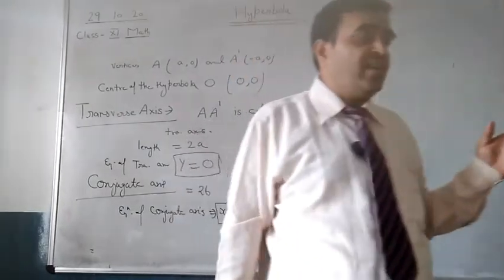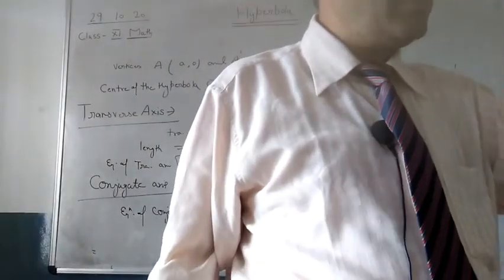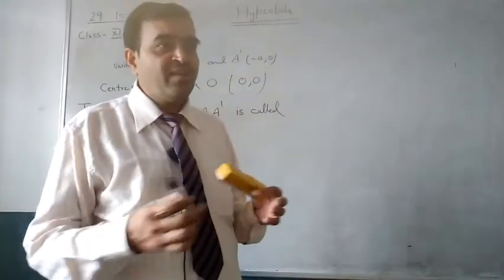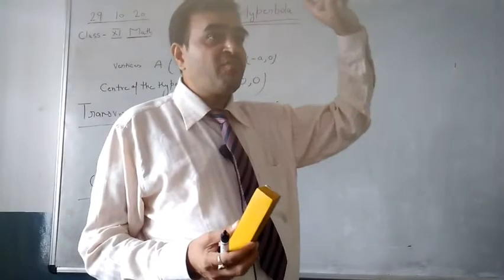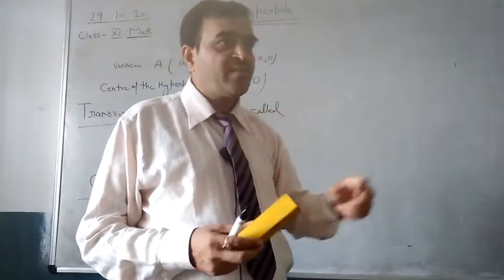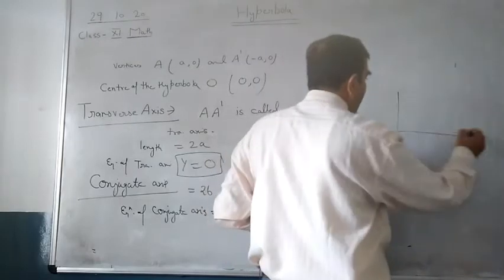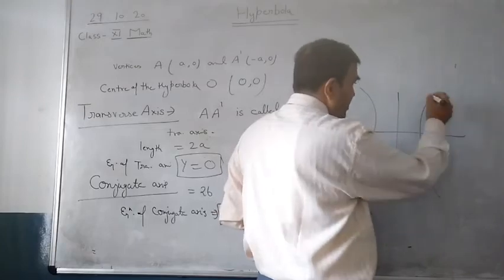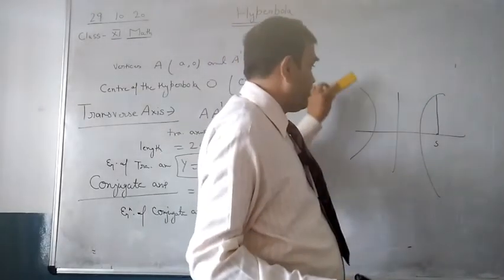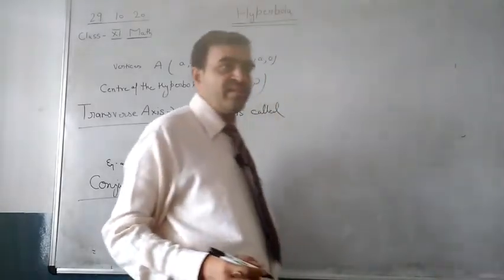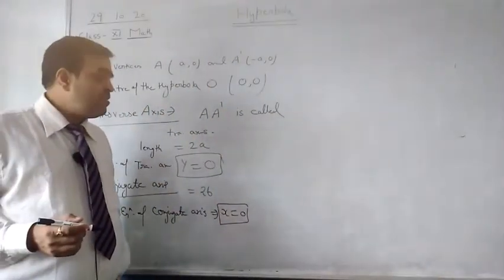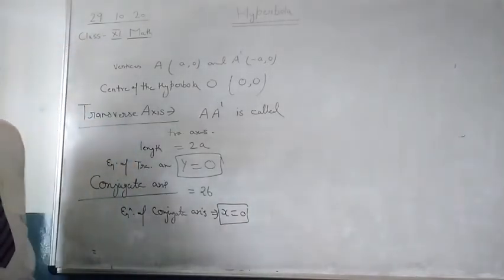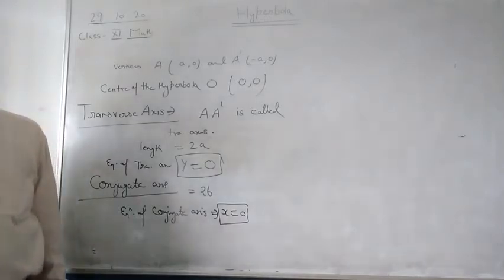One important thing: the latus rectum always passes through the focus, meaning it is the perpendicular to the transverse axis at the focus. The length of the latus rectum is 2b square upon a.